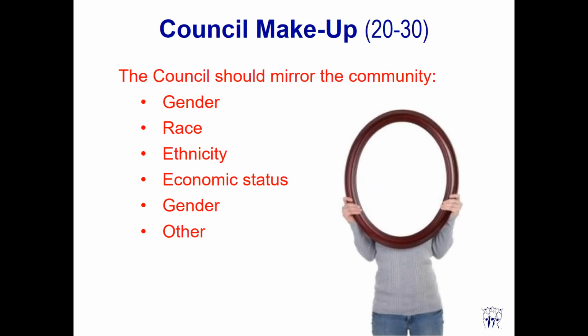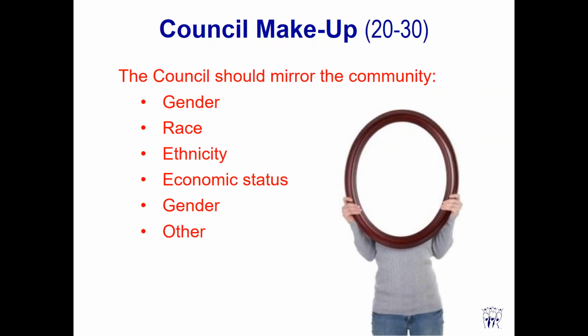As you put together your council, one of the things you want to remember is that your council should mirror the community. It should mirror the community in terms of gender, race, ethnicity, economic status, and also other differentiation that you might have in your community.